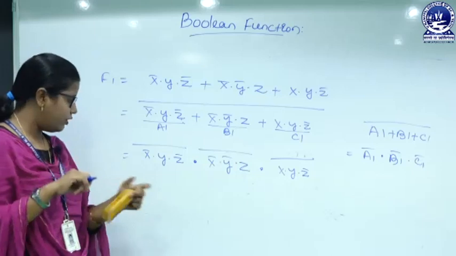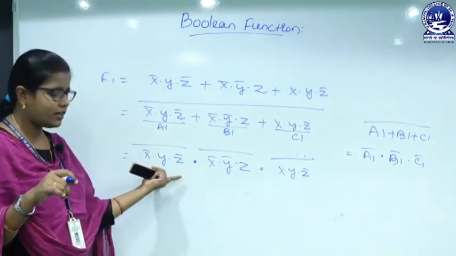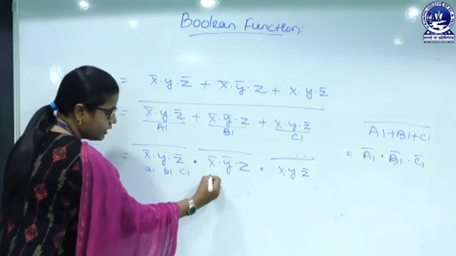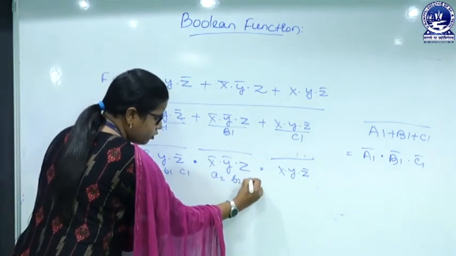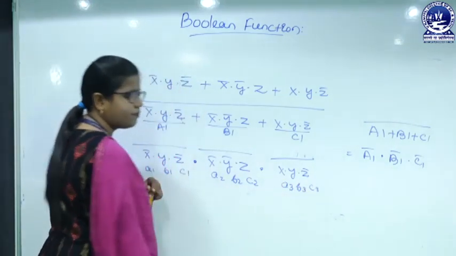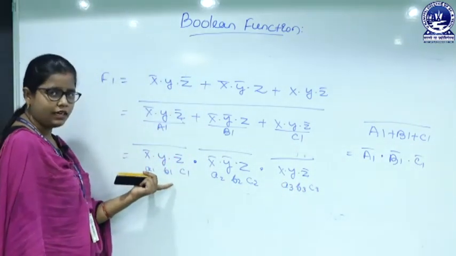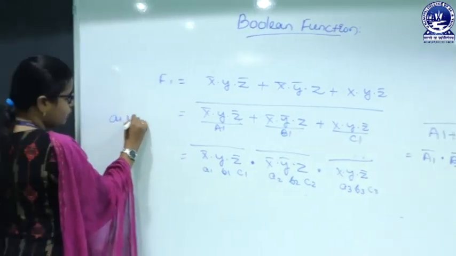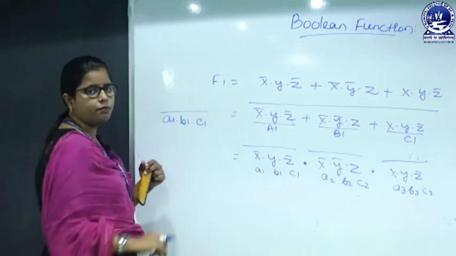Again, if we divide this into different terms, suppose this one is A1, B1, C1, A2, B2, C2, A3, B3 and C3. So what is the form here? The form is (A1 . B1 . C1)', the whole complement.